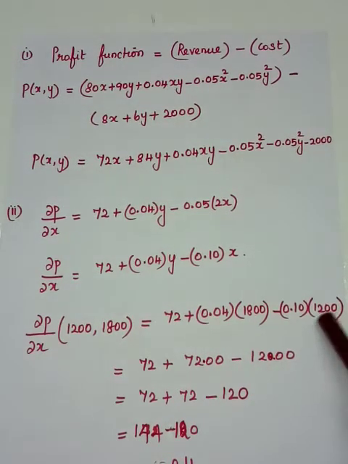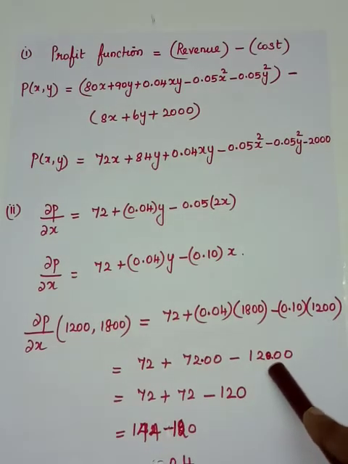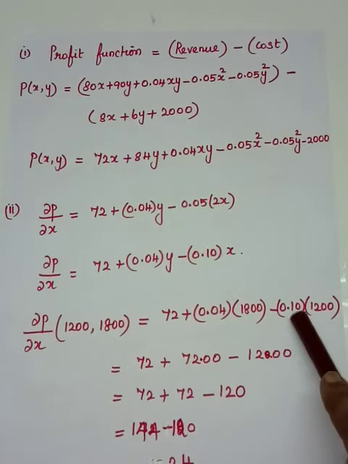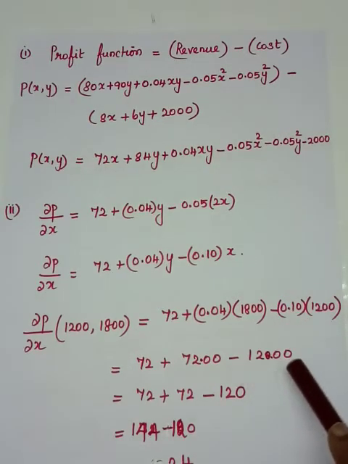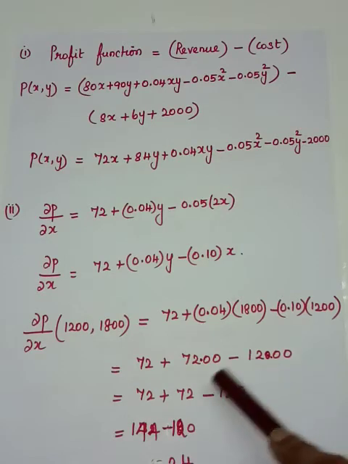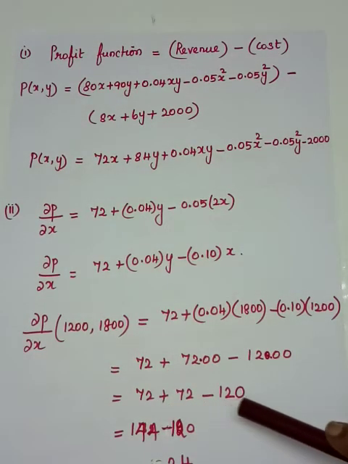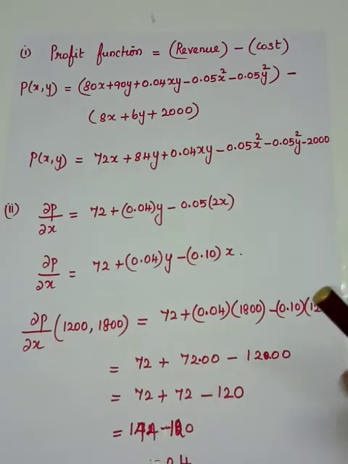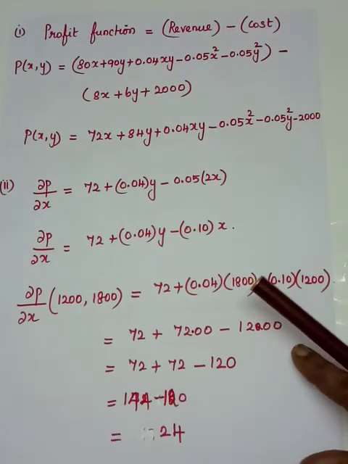When you multiply these two, it is 120 will be the answer, because 3 zeros here, you are having 2, here 1 zero, so it is 12,000. When you place 2 decimal places, it is 120. So 72 plus 72 minus 120. So 72 plus 72 is 144 minus 120. What's the answer? It is 24.